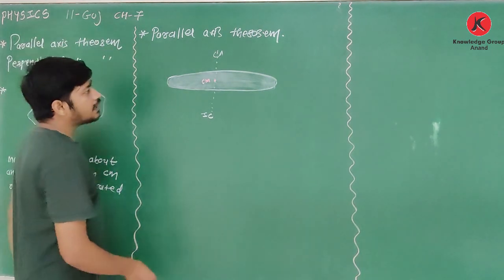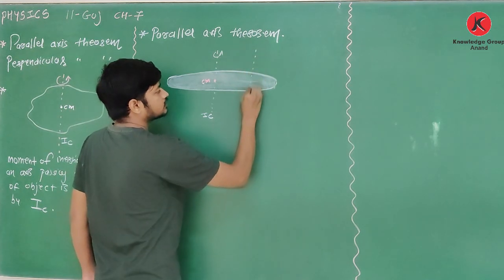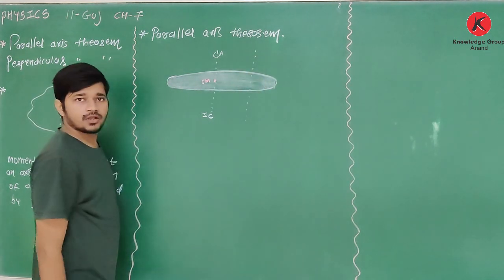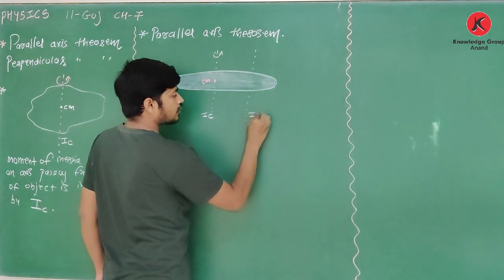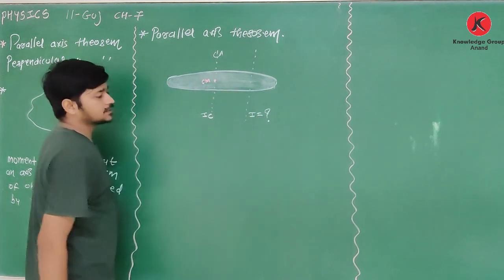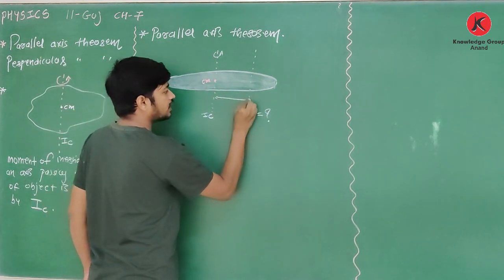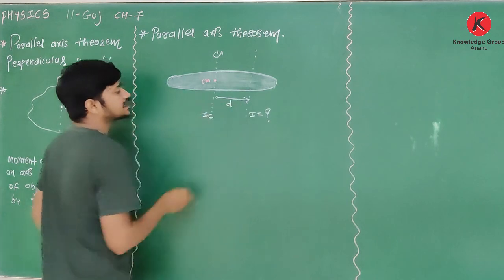But if now I take another axis, for example this axis, then what is the moment of inertia about this axis? Suppose the distance between these two parallel axes is d.